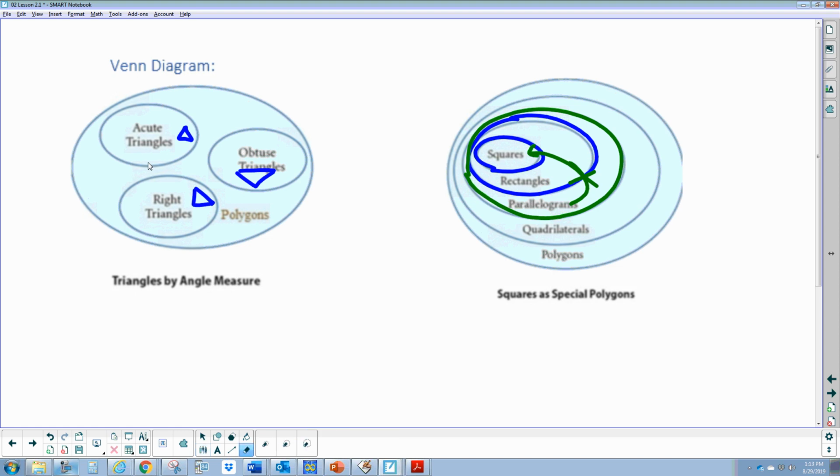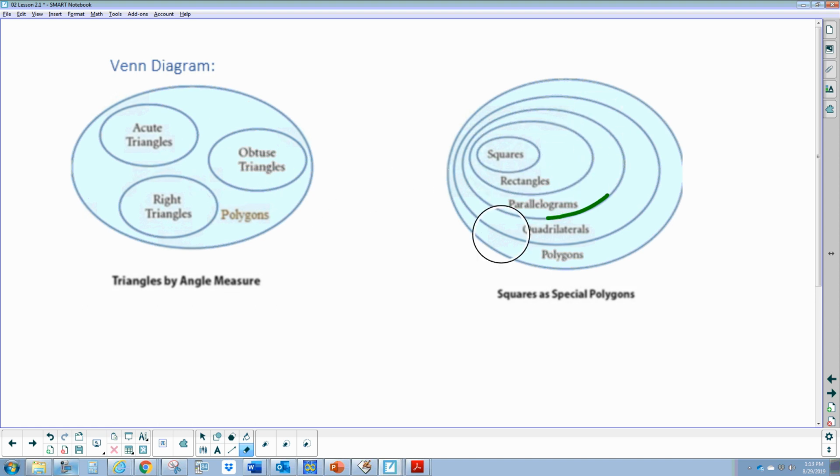We can represent our diagrams using ovals, and each oval represents a specific group of things, and ovals inside larger ovals mean that, in this case, the small oval is part of the larger oval.